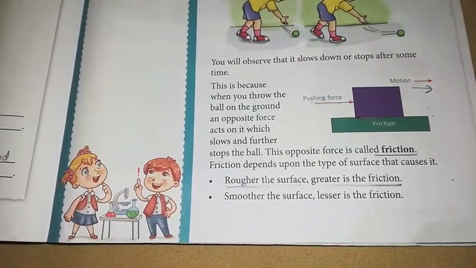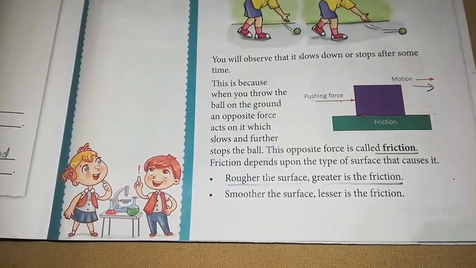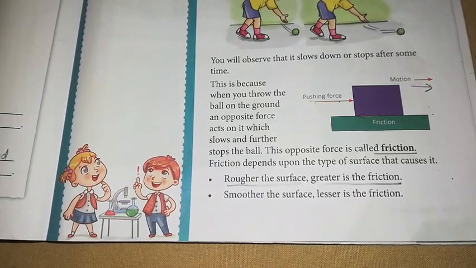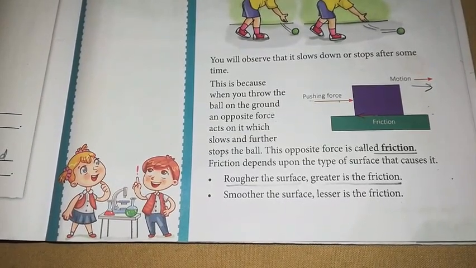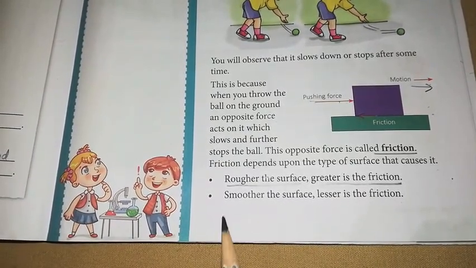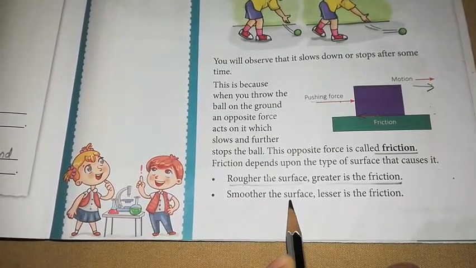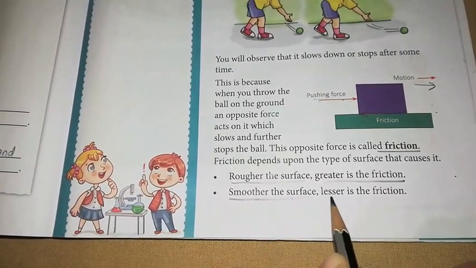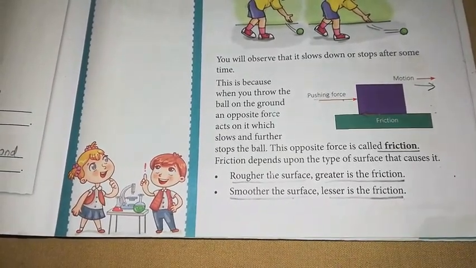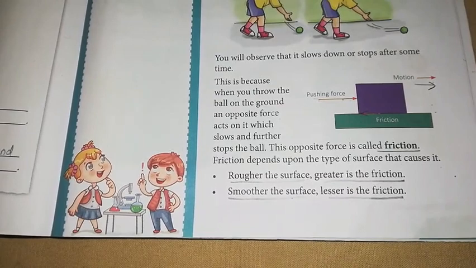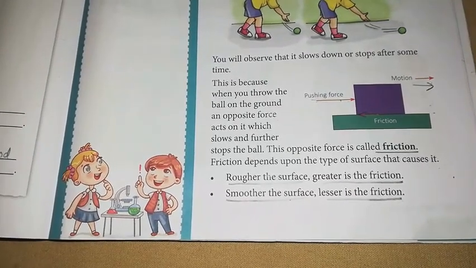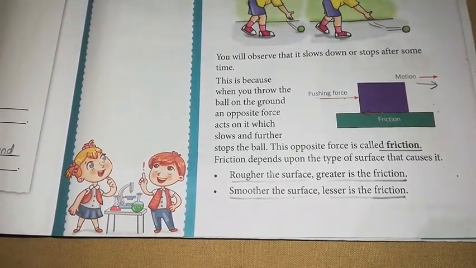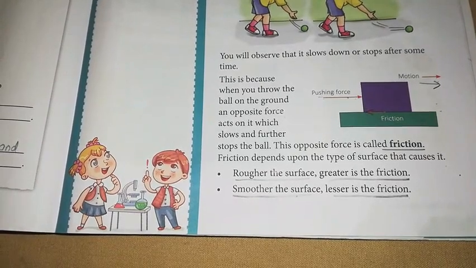It means on rough surfaces, friction will be higher, so movement on these surfaces will be hard. Now, second condition. Smoother the surface, lesser is the friction. It means on smooth surfaces, friction will be less, so movement on these surfaces will be easy.